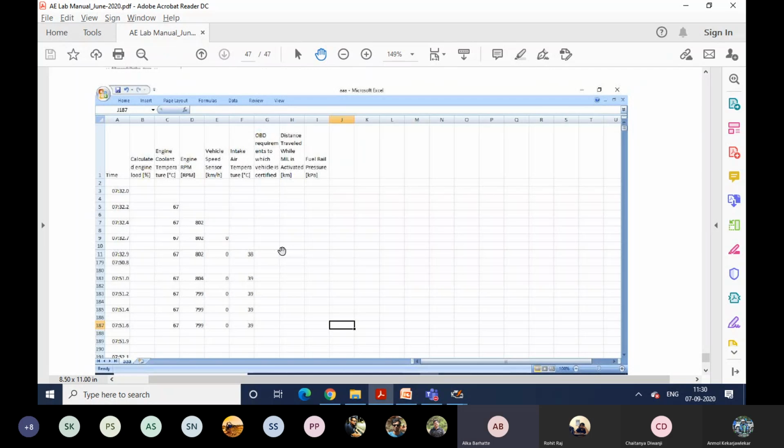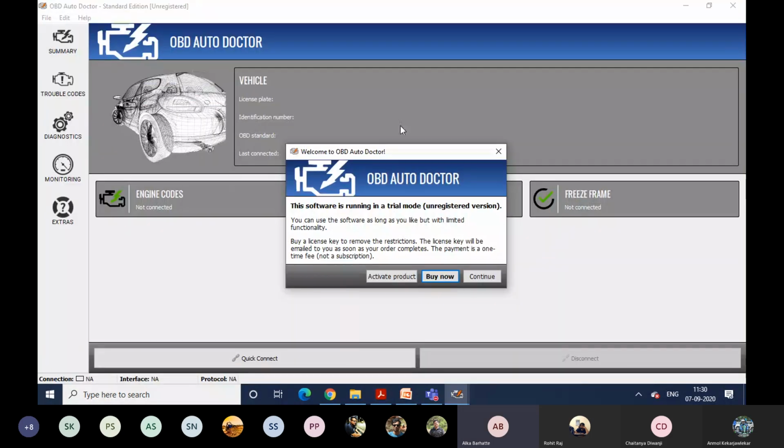There are many software options existing, and you can also install this OBD Auto Doctor as an app on your mobile. Through your mobile Bluetooth you can connect the OBD connector to this particular app.